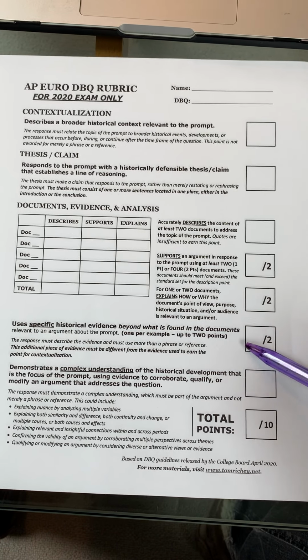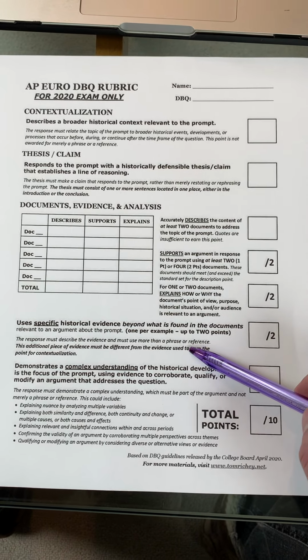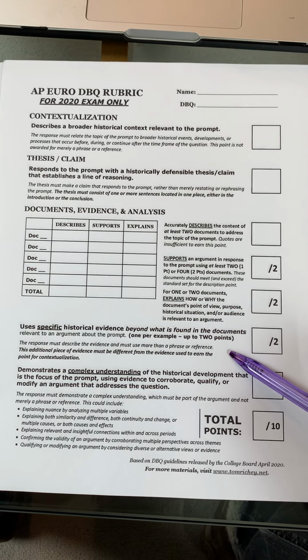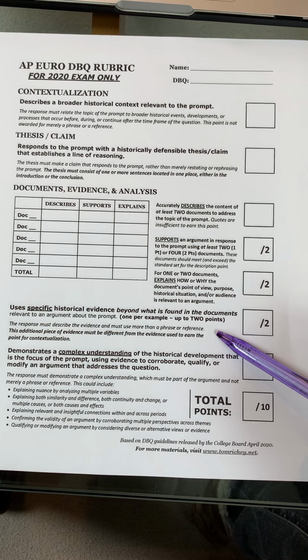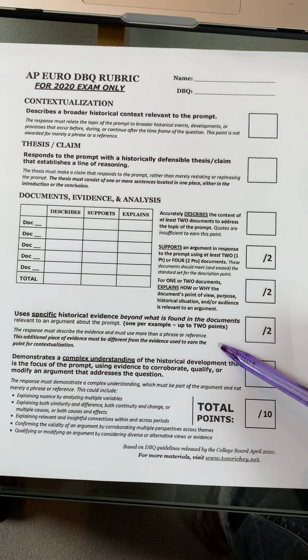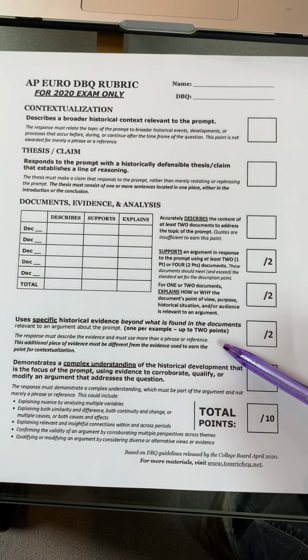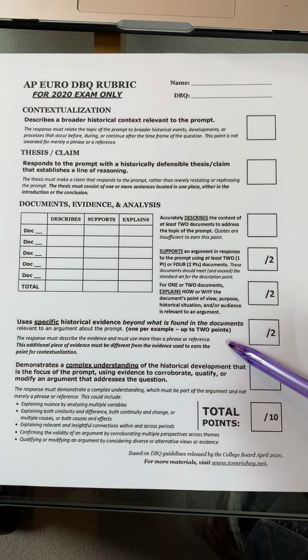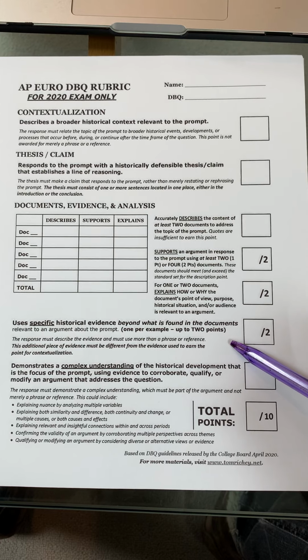You could use that for a point. And let's say you also want to write about Machiavelli and his ideas from the Renaissance. That could count as another point. So it's evidence that you're coming up with, not one that's found in the documents. And so if you use that in your argument, 2 different pieces, that's a point each.